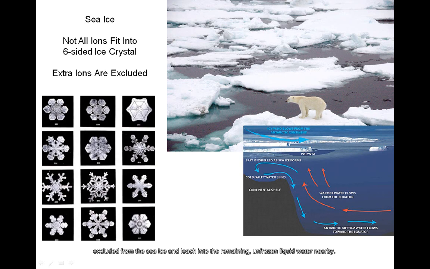Those extra ions that don't fit get excluded from the sea ice and leach into the remaining unfrozen liquid water nearby. So this remaining unfrozen liquid water will have a sharp increase in salinity from those extra ions. And the combination of this increased salinity, along with its cold temperature, makes it the densest water we have in the ocean.